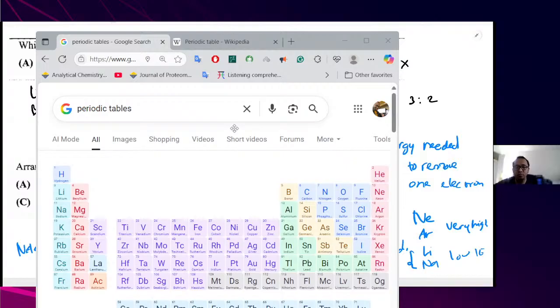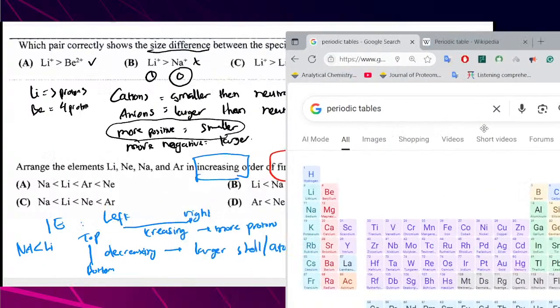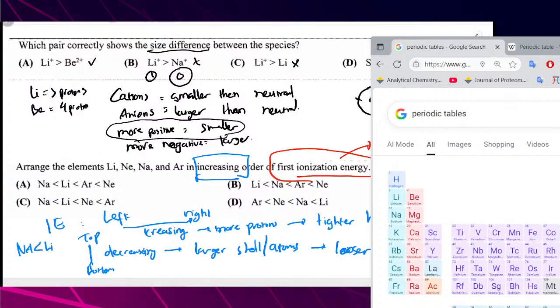Argon has more shells, which means it is easier. So it should be Ar and then Ne. The correct order from lowest to highest is Na, Li, Ar, and then Ne. So the answer should be A.